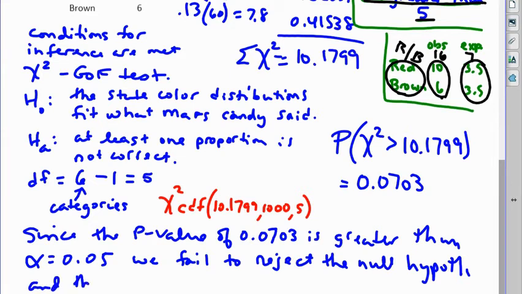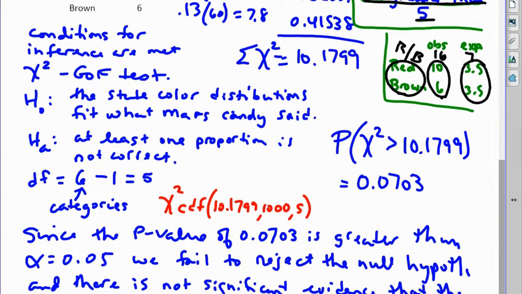And there is not significant evidence that the color distribution for M&Ms is different from what Mars stated.